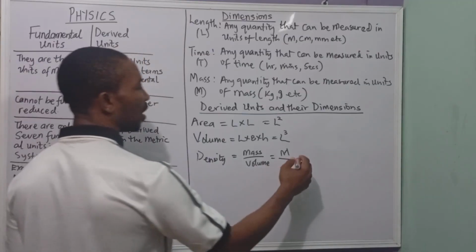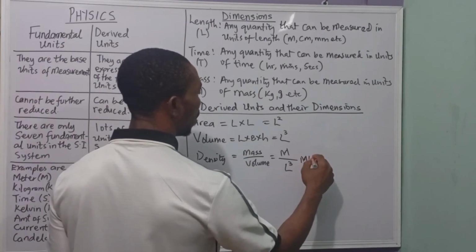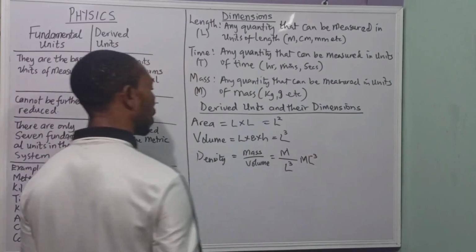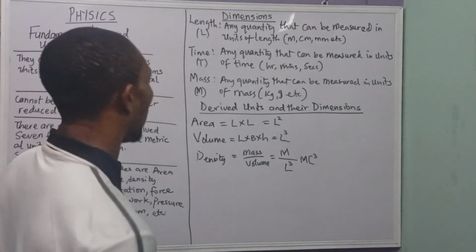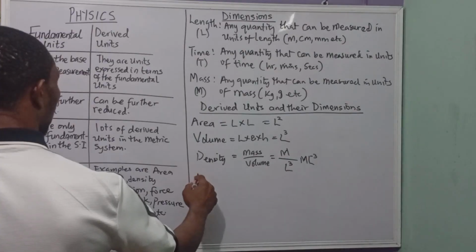So we can leave it like this, M over L cubed, or we put it as M L raised to minus 3. That represents our density. Next we can look at acceleration.